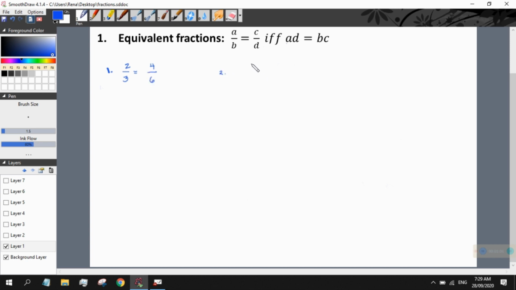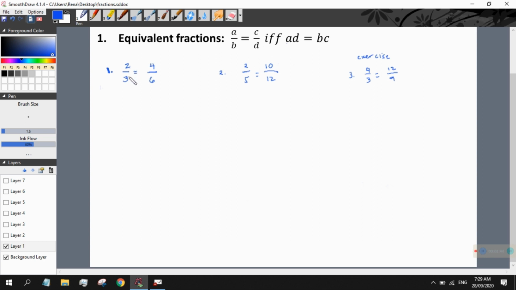And for number 2, let's check if 2 over 5 is equal to 10 over 12. And finally, number 3 is going to be left as an exercise for you. Please write down in the comment section your answer for number 3. This is 4 over 3 is equal to 12 over 9.